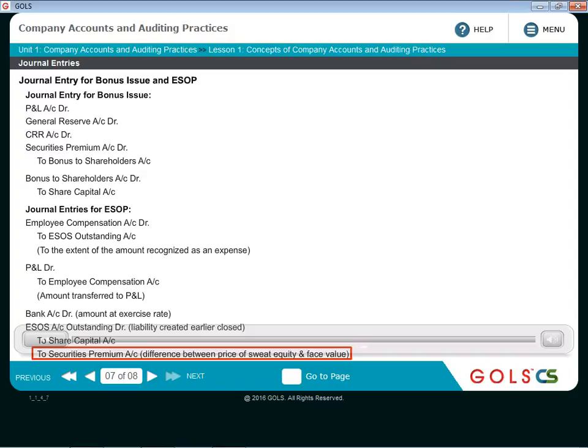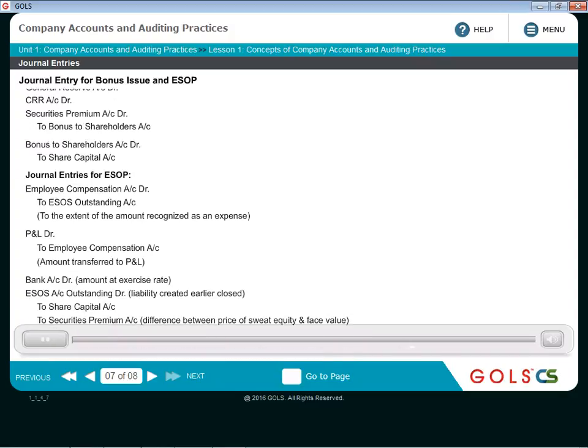So let us take an example where the face value was 10 rupees and the prevailing market price was say 12 rupees when the options were given to the employees. And out of 12 rupees, the company decided to have say 5 rupees from the employees. So in that case, the remaining 7 rupees, that is 12 rupees market price minus 5 rupees options price, will be debited to employee compensation account.